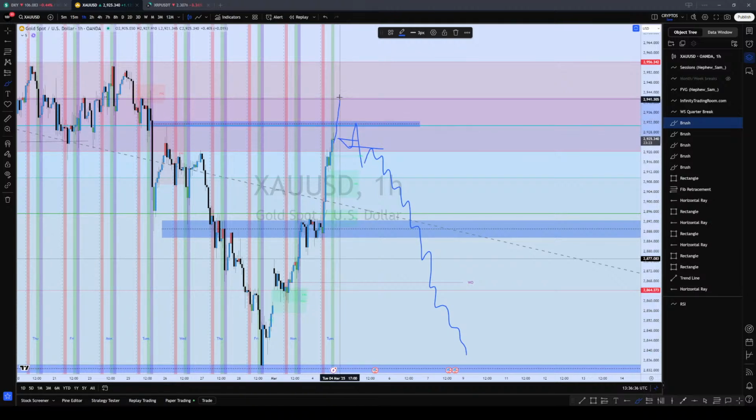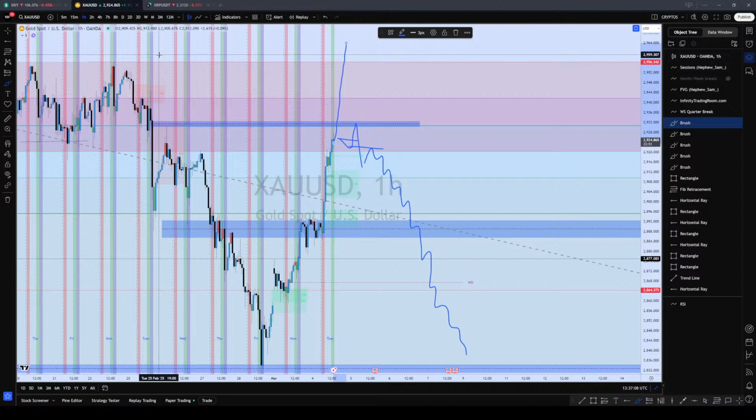If they are going to, let them go up and close above that weekly down candle, and then we have a confirmation that the weekly down candle will be a reaccumulation.